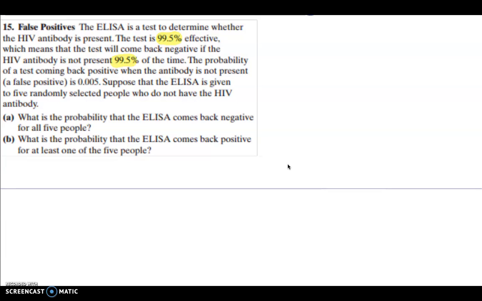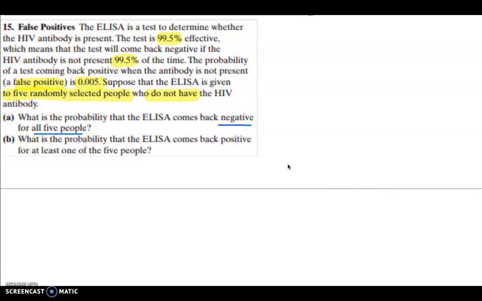The probability of a test coming back positive when the antibody is not present, which is called a false positive, is 0.005, which is the complement of the 99.5%. So suppose an ELISA test is given to 5 randomly selected people who do not have the HIV antibody. The first question is, what is the probability that the ELISA comes back negative for all 5 people?